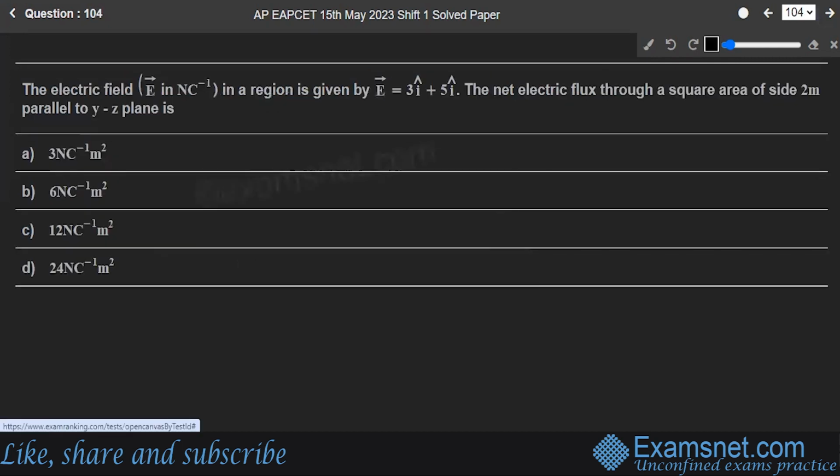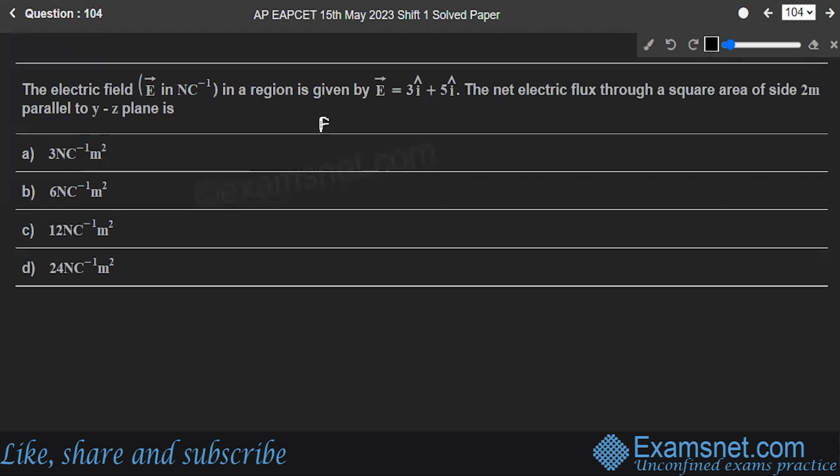Hope you got that. Next is question number 104. The electric field E in Newton per coulomb in a region is given by this. The net electric flux through the square area of side 2 meters, which is parallel to the YZ plane, is.